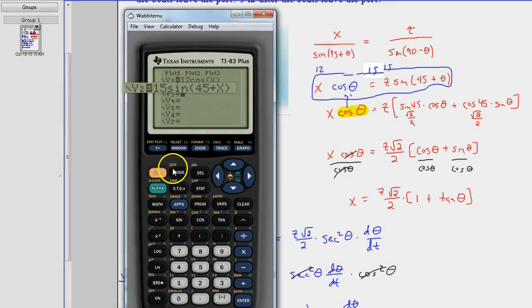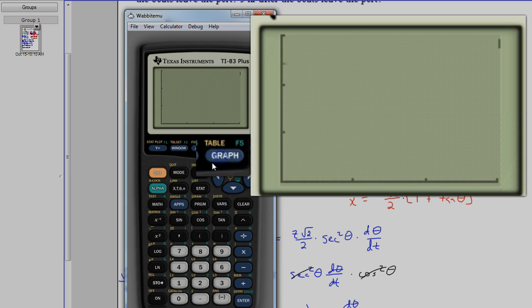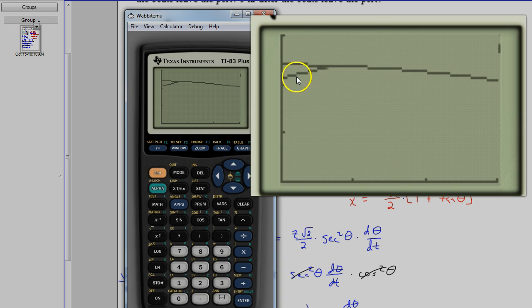And if I graph those, my window is this, by the way, 0 to 30 degrees, 10 as the scale, and then 0 to 15 for y, and scale 5 there. If I graph those, there is the 12 cosine theta, and then here comes the 15 sine of 45 degrees plus theta.